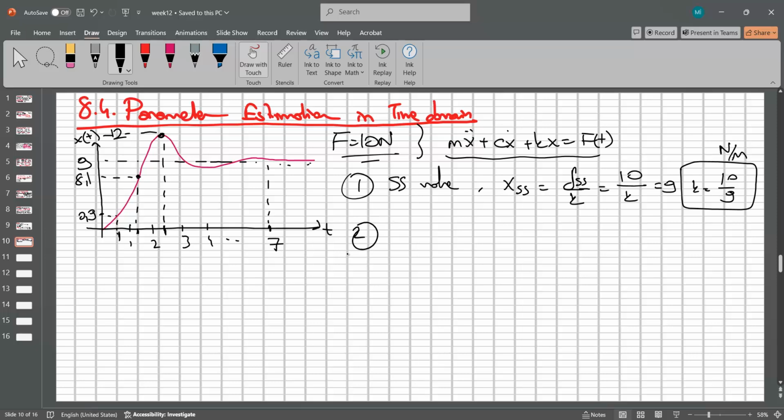And so, what is the overshoot value? The maximum overshoot, MP, which is equal to X max minus XSS divided by XSS, times 100.